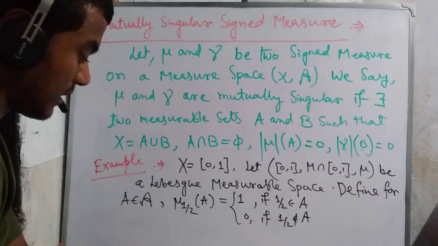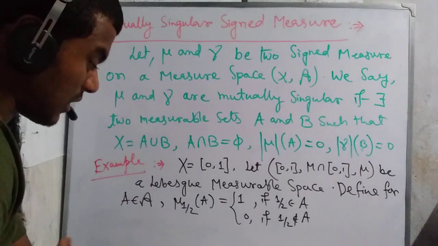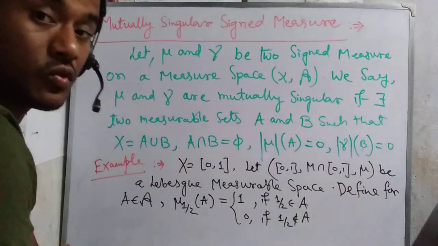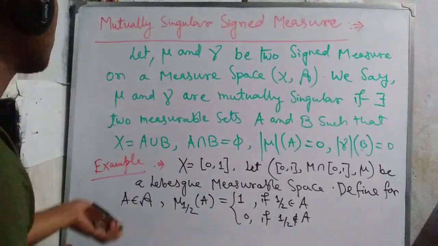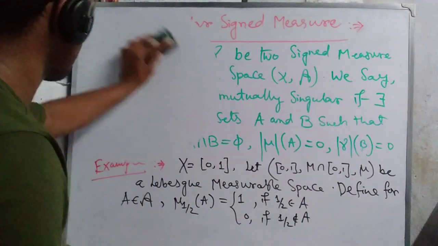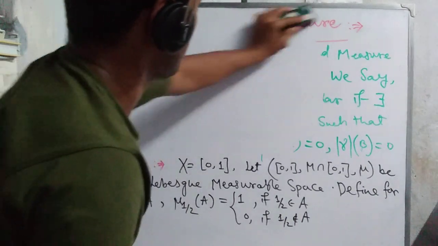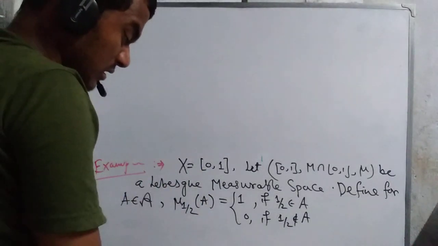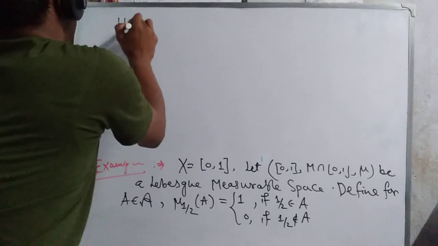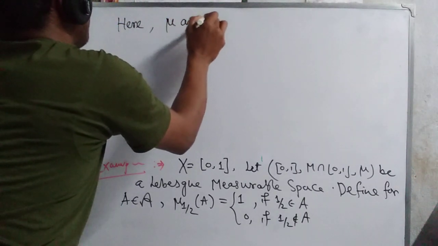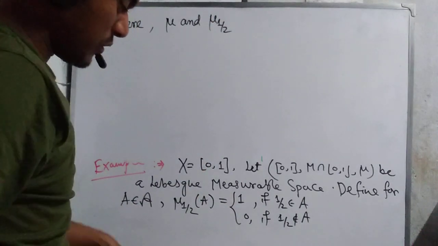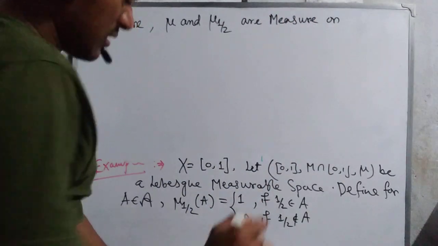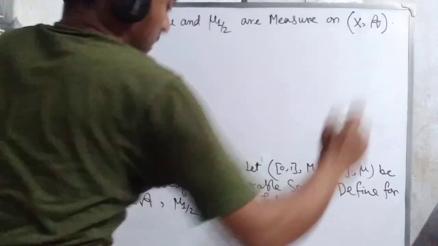Take here mu and mu half, which are measures on this X, script A.